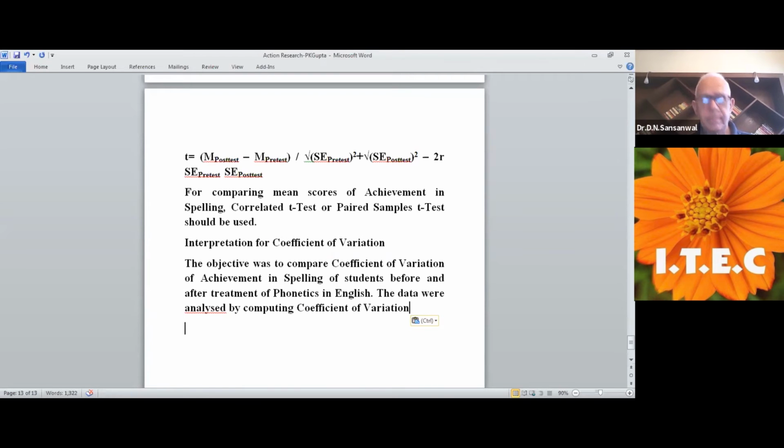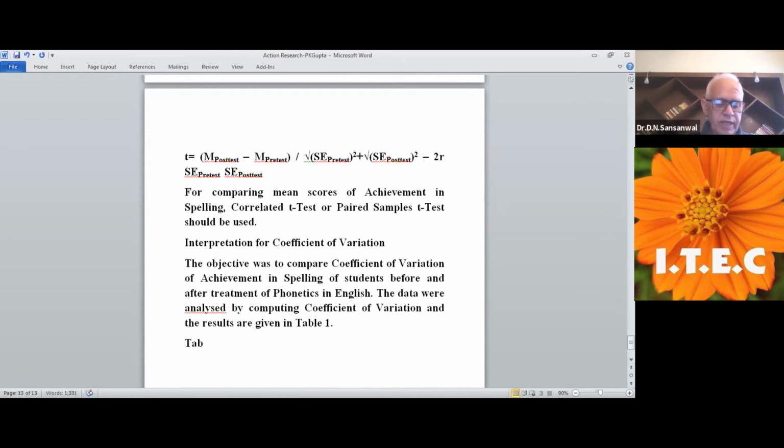And the results are given in table, whatever the table number, let me say table 1.